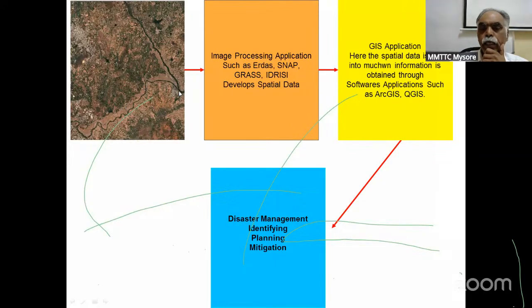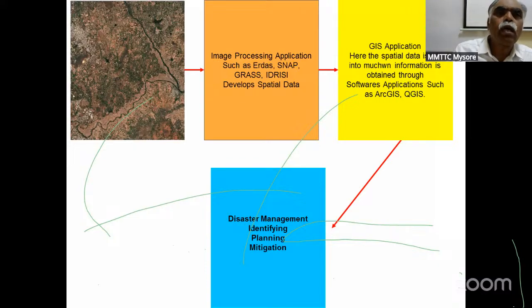So we get this kind of satellite images, and these satellite images are nothing but the storage of information. Storage of information means a voluminous amount of data is available from these satellite images. It looks like a plain picture or an image, but it contains voluminous data.